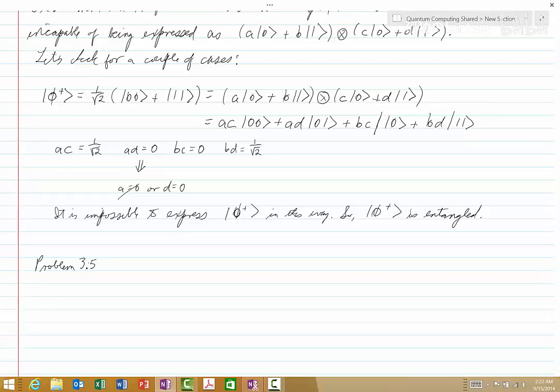And in that one, you were asked, is the state 1 over square root of 2 times (|0>|+> plus |1>|->) entangled?